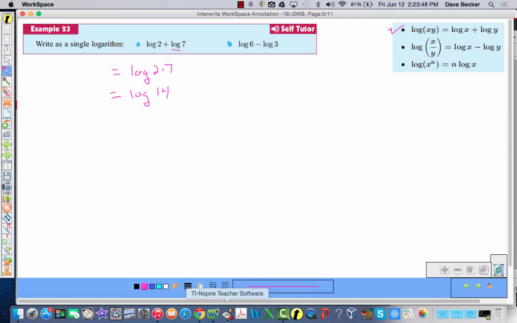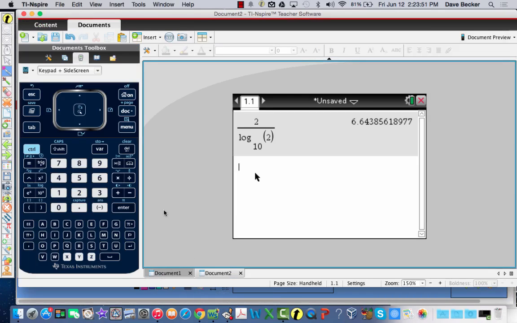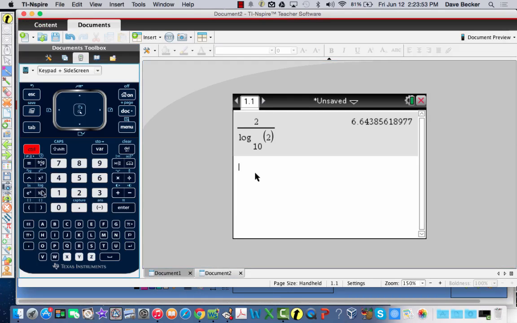I guess it's nice to see it on the calculator. It's not like a proof. Log of 2 plus, you can type it in, log of 7, and what do we get? Okay, and notice how it just pops in a base 10 there. That's the default.